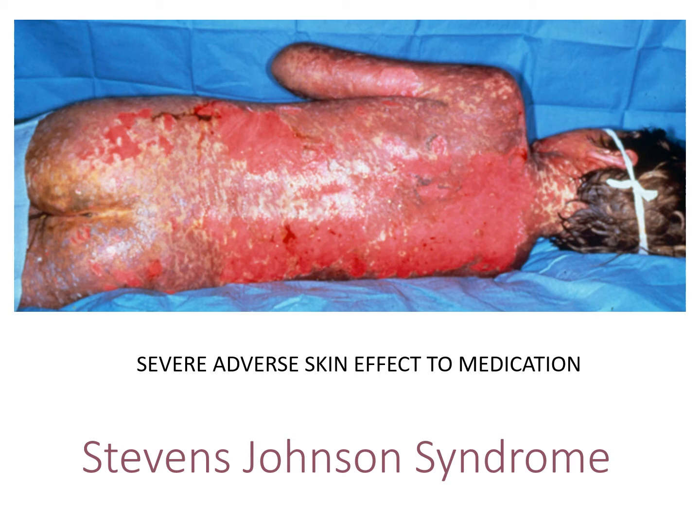It's not really listed as an allergic reaction, but we think that the drug or other things that I'm going to mention trigger the immune system and cause this severe skin reaction where basically the skin is coming off in sheets. Okay. So medications would be the most common cause.